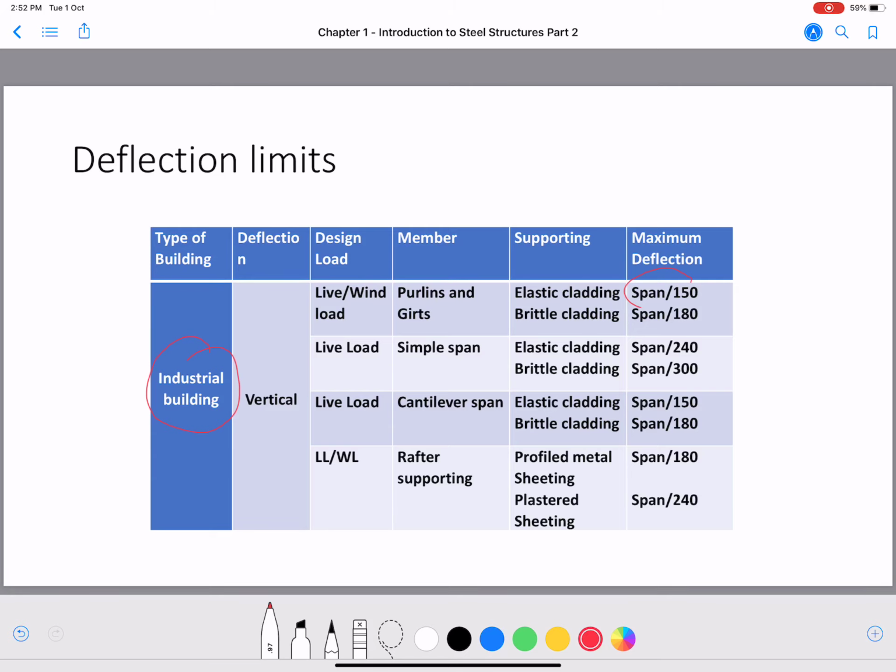For example, for live and wind load, purlins and girts, elastic cladding, the limit is span by 150. That means the span of the member divided by 150, and the actual deflection is calculated based on the analysis. If the actual deflection is less than the maximum deflection, that means the structure is safe.